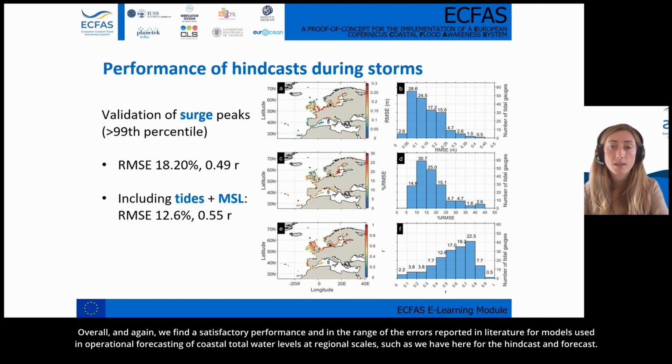Overall, and again, we find a satisfactory performance and in the range of the errors that have been reported in literature for models used in forecasting of coastal total water levels at regional scales, such as we have here for the hindcast and forecast.